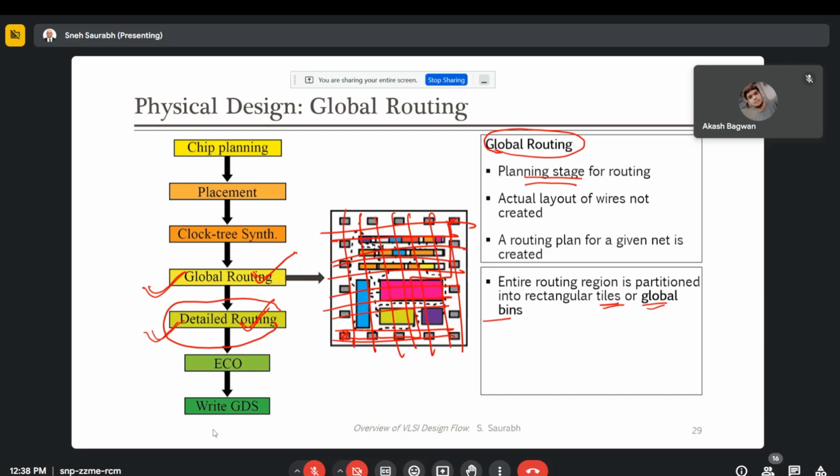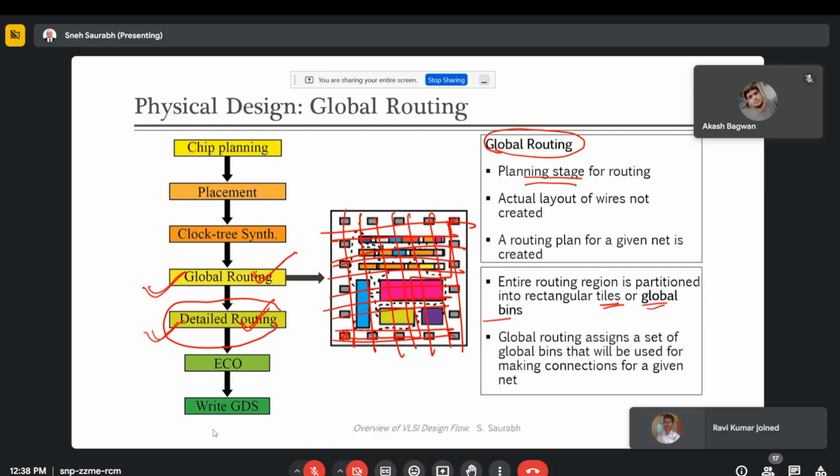So at a coarse level, the tool will find a path for each net. The entire routing region is partitioned into rectangular tiles or global bins, and global routing assigns a set of global bins that will be used for making connections for a given net. This will be the set of global bins used for routing in the example that I showed.